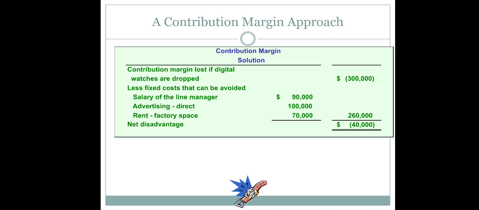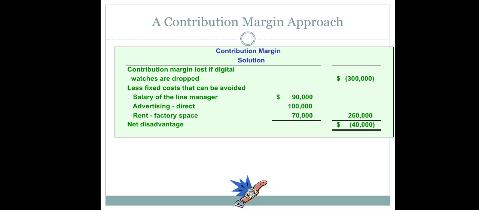So the loss in contribution margin is 300,000, but the saving is only 260,000. If the business closes the digital watch segment, it will have a net disadvantage of 40,000. Why net disadvantage?